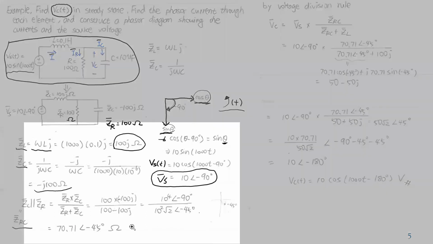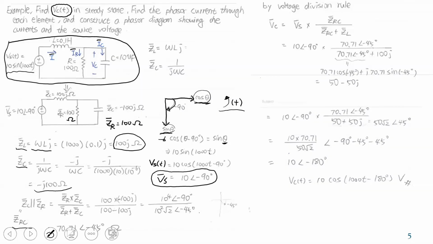So this is ZRC. And so we need to find VC, because they are in parallel.